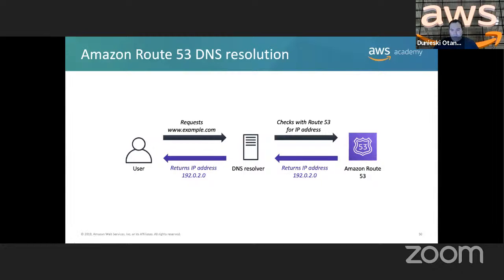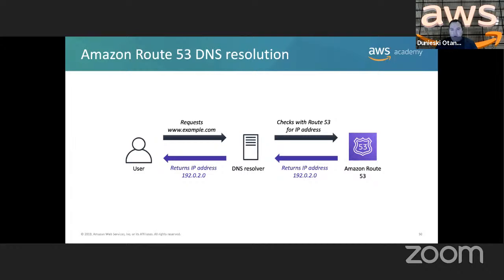Okay, this is the resolution of DNS. This is what the domain name system does, right? So you send the request to www.example.com, and then there's a DNS resolver. That's the server that resolves the domain to an IP address. That's the job of the DNS.